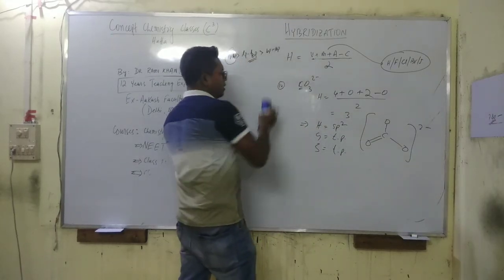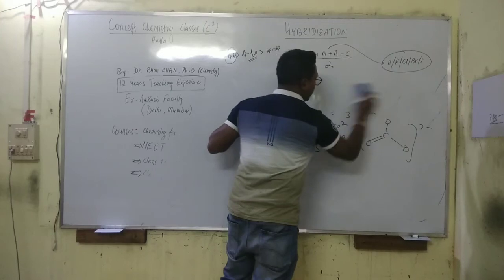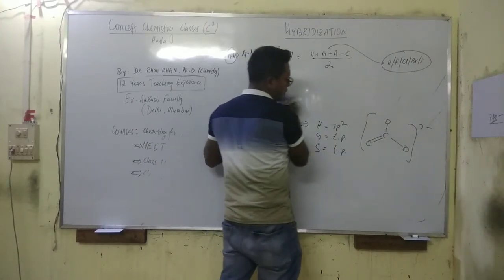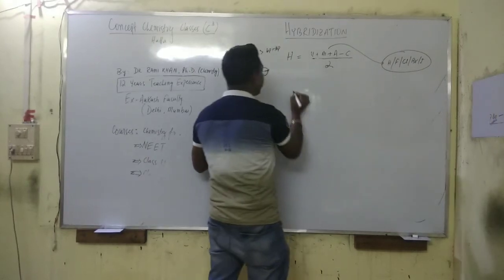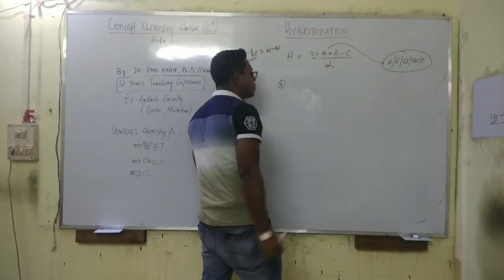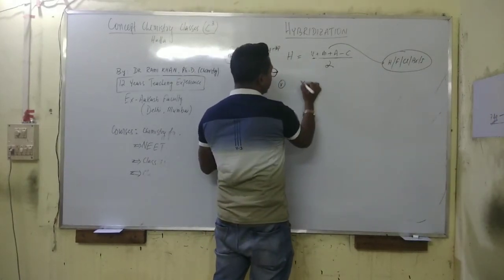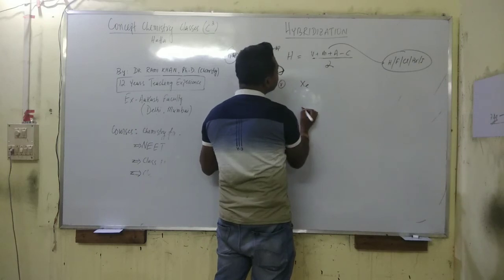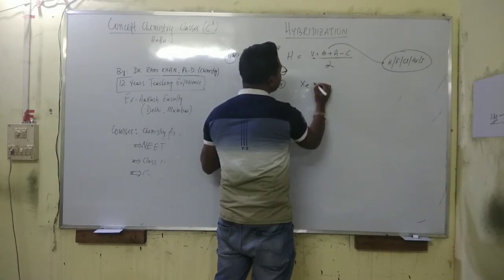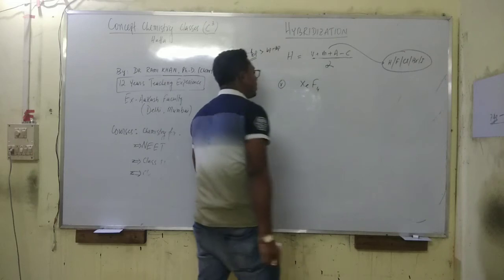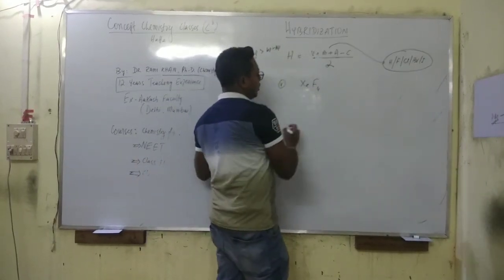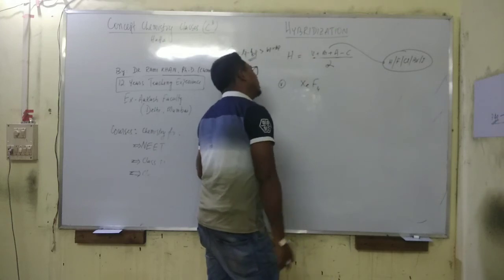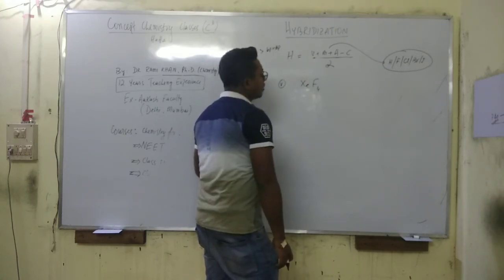Let us take one more and the last example for this video. The fifth one, for example, XeF4. Now XeF4 is a compound of xenon. Xenon is a noble gas element, group 18 element.